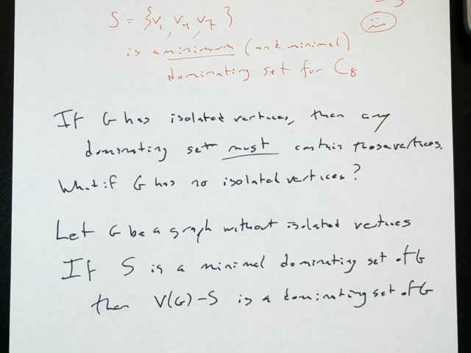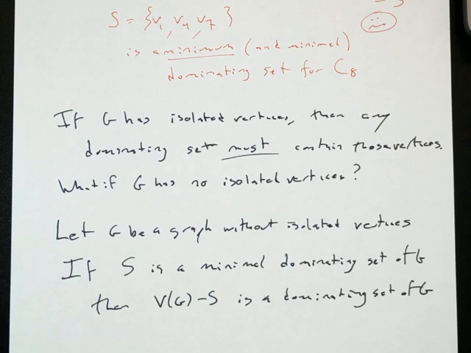But why is the word minimal in there? If I have two vertices that are next to each other, maybe I can take away one.